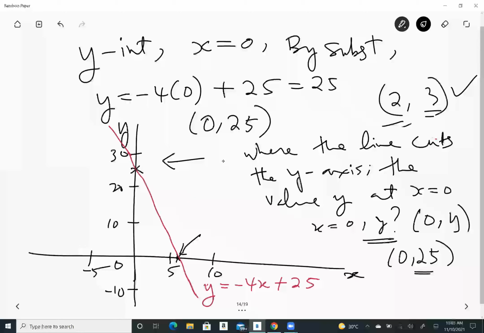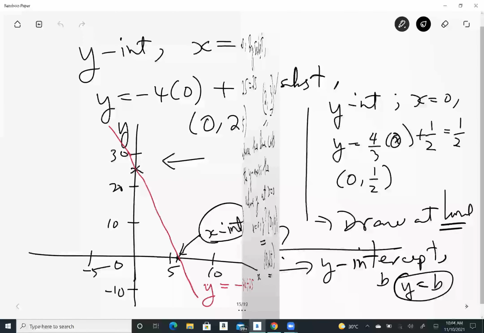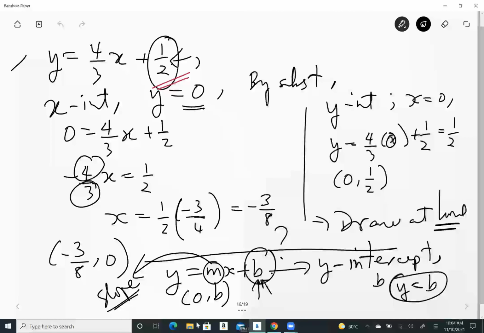What is the value of y there? The value of y is 0. So you determine x at y equal to 0. That can be described as the value of x when y equal to 0. Very similar concept.